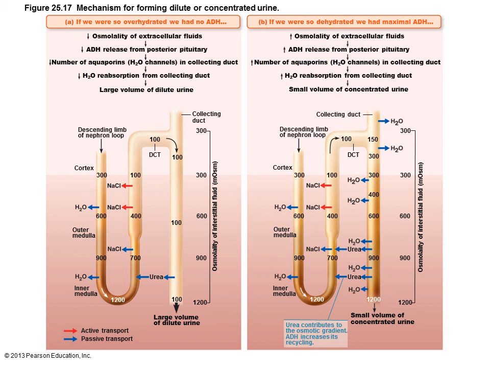Normally the osmotic gradient is about 300 milliosmoles, and under normal conditions urine concentration is about 100 milliosmoles. However, if you are dehydrated, you will secrete a very small amount of concentrated urine, because antidiuretic hormone is released, and most of the water will be reabsorbed along with the sodium as well.